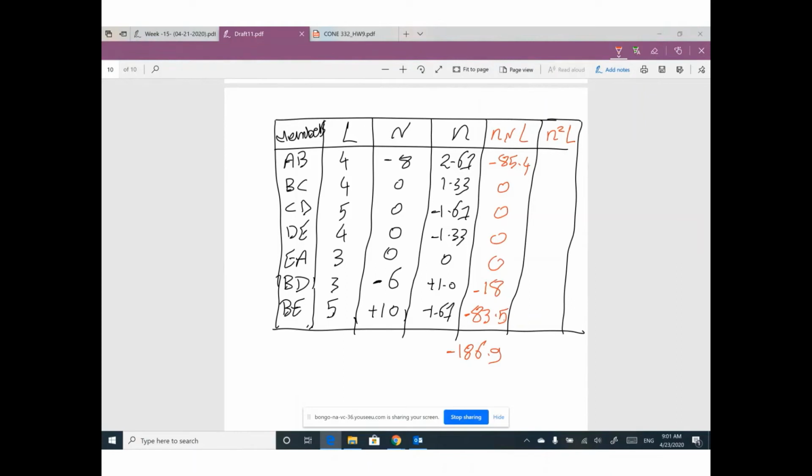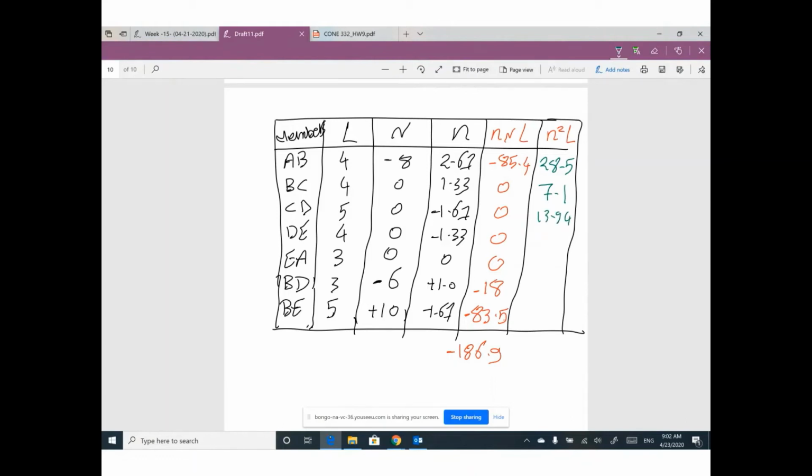Then go ahead and get small n square times L. So 2.67 square times 4. This value will be 28.5. 1.33 square times 4, this value will be 7.1. 1.67 square times 5 equals 13.94.